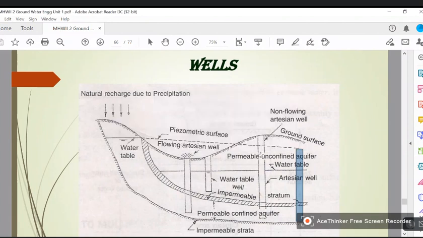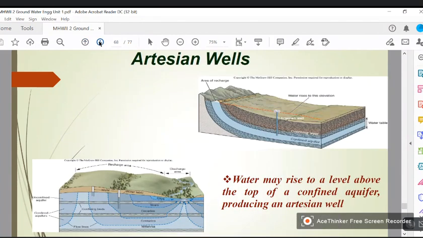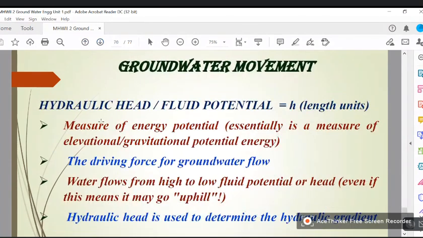That H1 minus H2 divided by that distance is the slope of the piezometric surface, right? So that is what I am calling H. H is the hydraulic head. So it will be in length units. This is nothing but a measure of energy potential.